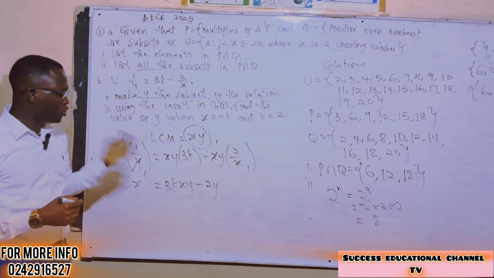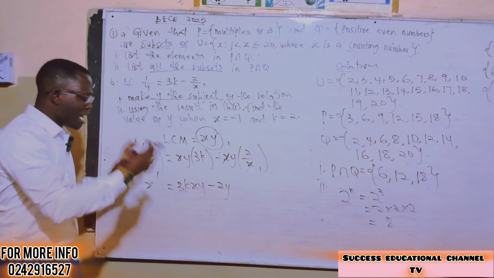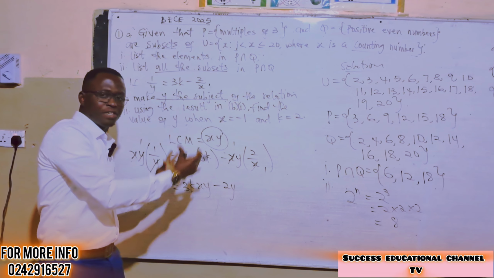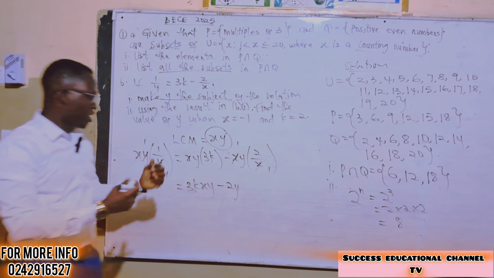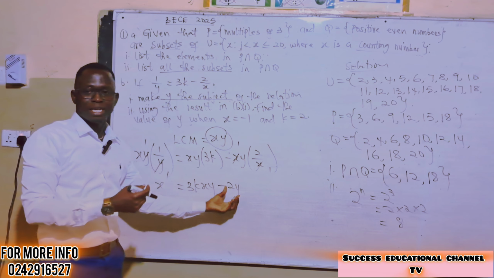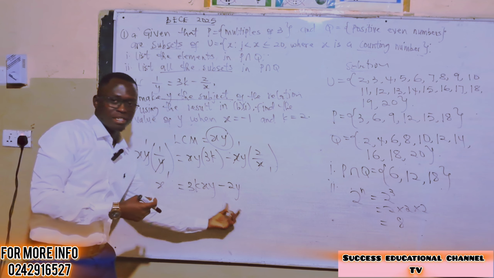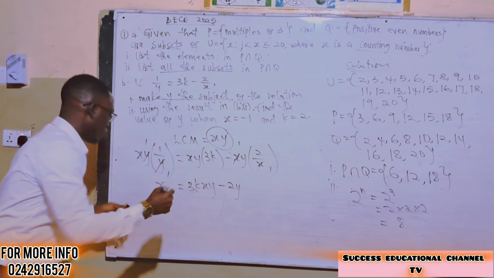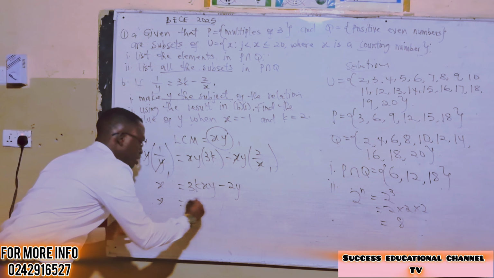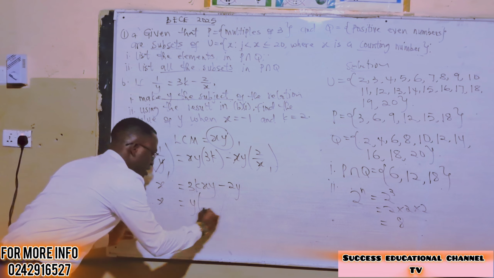Realize that the terms that have the new subject have already been grouped. So what happens? Because we are making y the subject, we factorize y from here because y is common. So we have x equal to y, which has been factored.